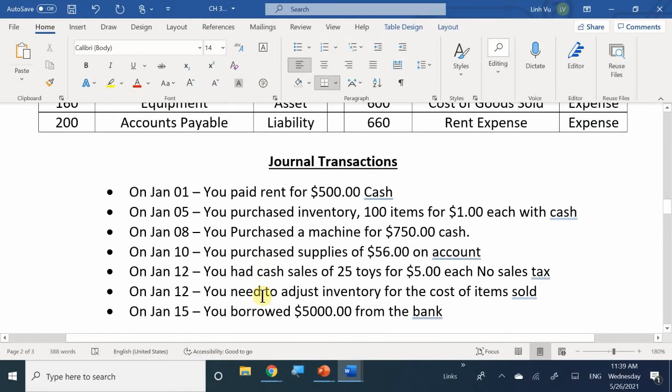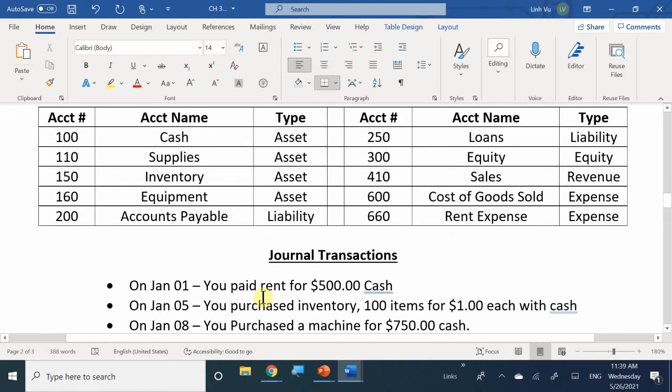So on June 8th, you purchased a machine for $750 cash. That is operating expense. Operating expense? No. Equipment. Excuse me. What was that again?